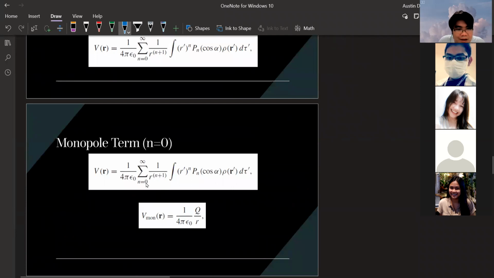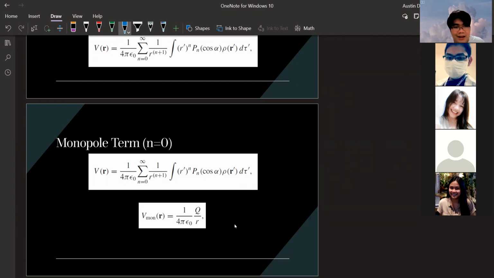Plug in n equal to 0 there. What do you get? P_0 is just 1, right? P_0 is 1, then R prime raised to 0 is just 1. And then the integral of ρ dτ is the total charge Q. 0 plus 1 becomes R, so over R. So for the monopole, a single charge, the potential you get is this. Amazing, right? This is what we solved at the start.